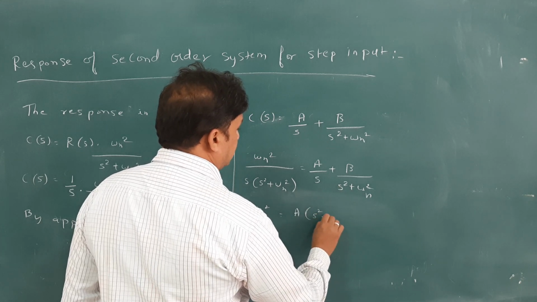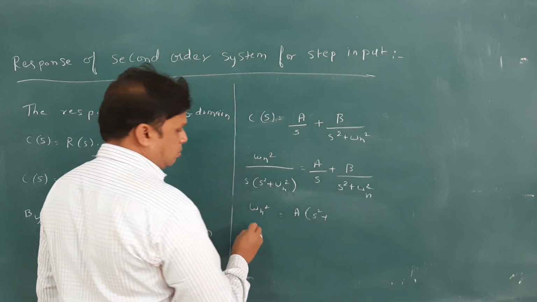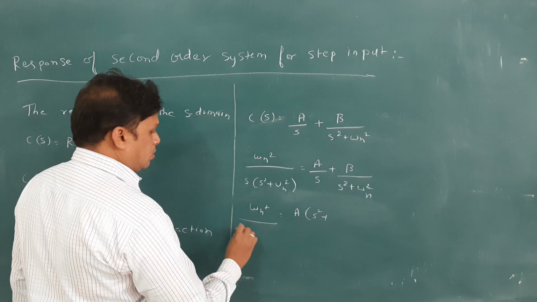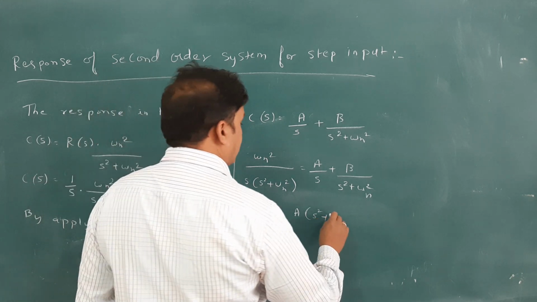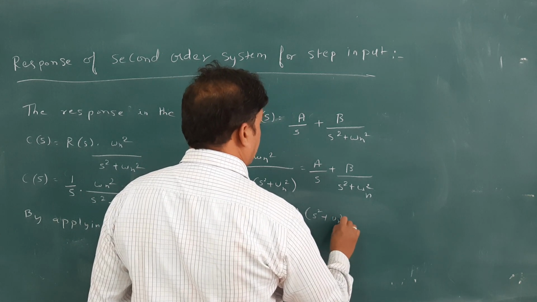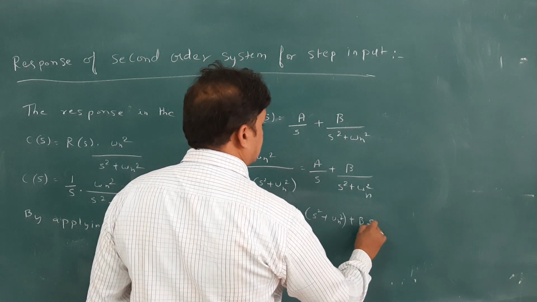Now omega n square is equal to a into s square plus omega n square plus b into s.